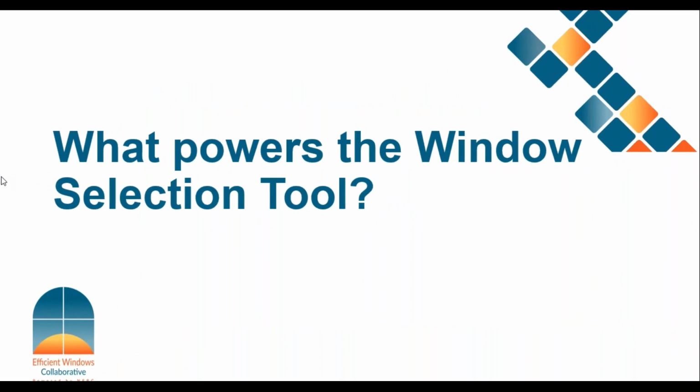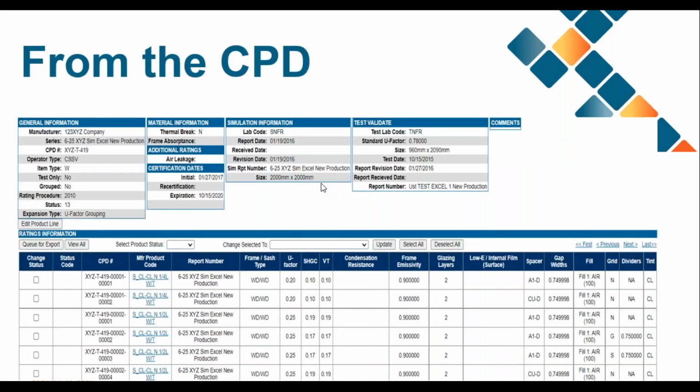All right, hello everyone. I'm just going to go over what powers the tool and how we populate those cards that you just looked at, and kind of the background information. Obviously, we start from the NFRC CPD. So products are in the CPD. Their ratings are in there, and it's those ratings that we use to pull and identify products that meet the specific performance characteristics that are in each of the classes of windows.